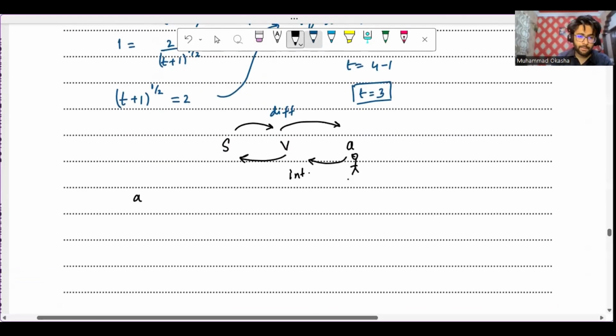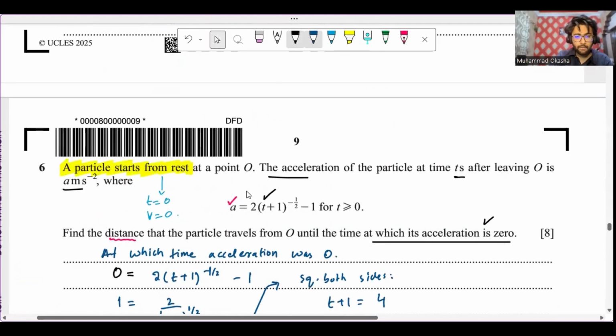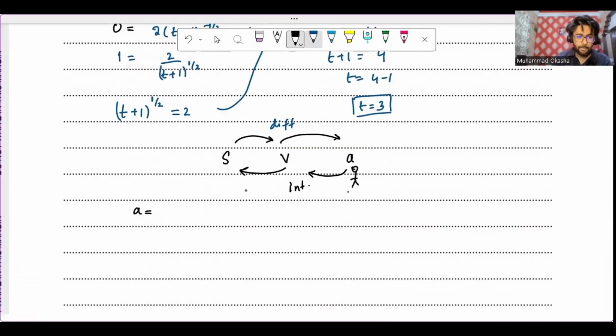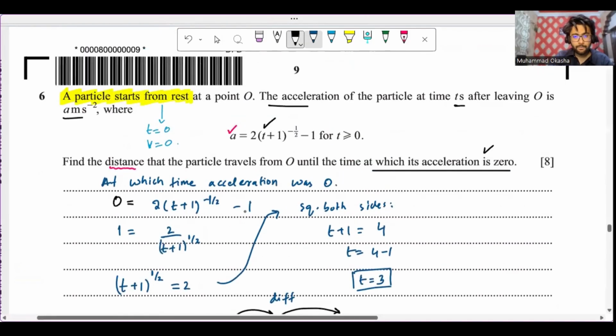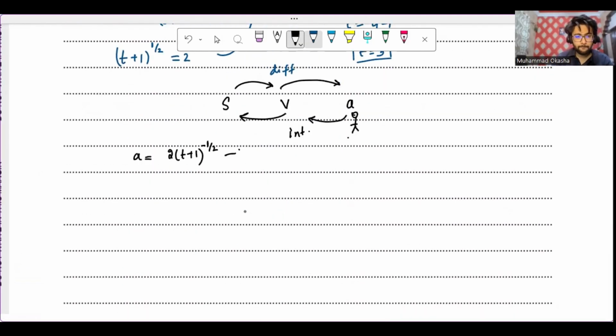So we know that acceleration equals 2 times (t plus 1) to the power negative a half, minus 1. If I were to integrate both sides, integrating acceleration is going to give me velocity.